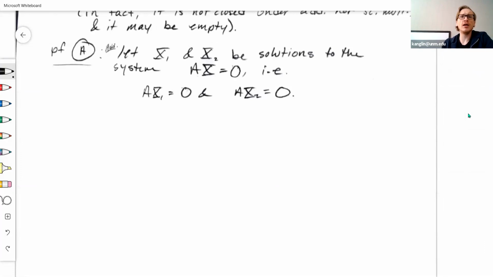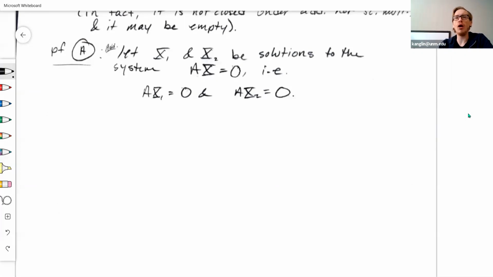We start out by saying, let x1 and x2 be solution vectors to the system AX equals 0. No matter what homogeneous system we have, we can take the coefficient matrix and write it here, take a column of the unknowns and write it as x, and set that equal to the 0 column with as many rows as A has, so that we are sure we are getting a homogeneous system.